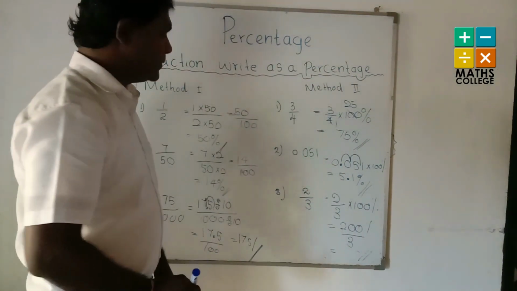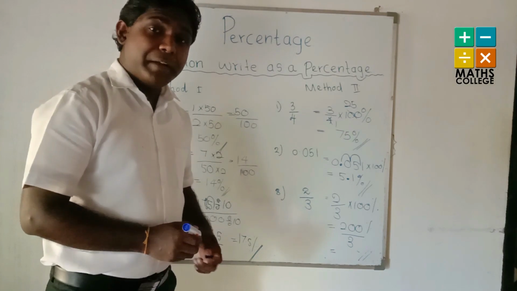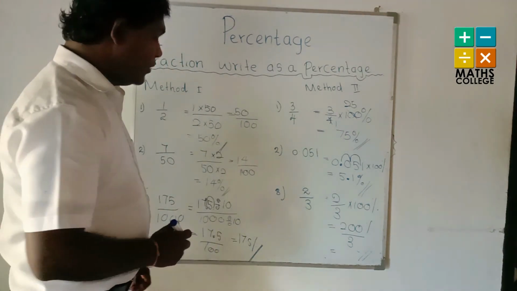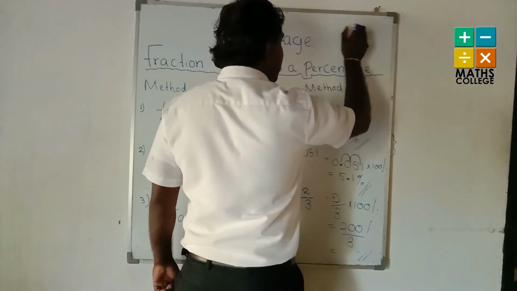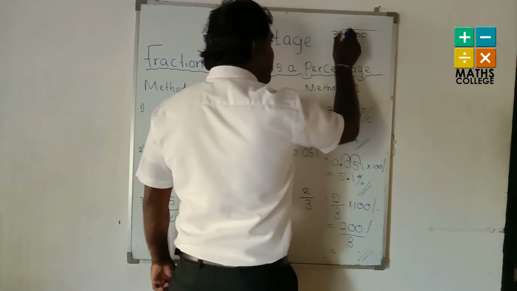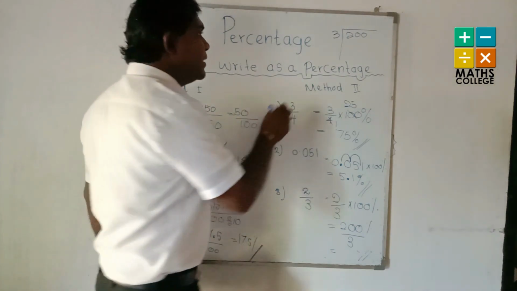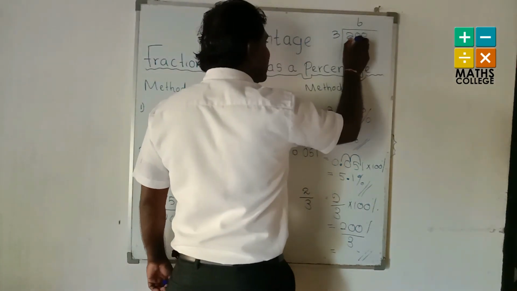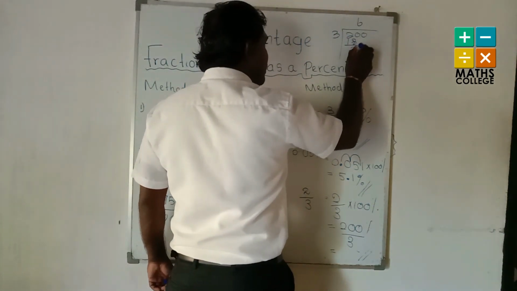What is answer? 200 divided by 3. We can divide it here. 200 to 20, how many 3? 6. 6 times 3 is 18. 2 left.